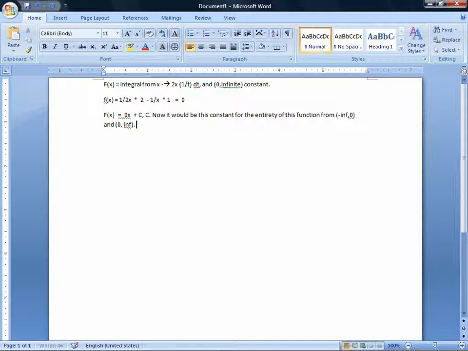And so that means that from 0 to infinity, f of x is equal to c, or a constant, and that's why it's proved that this is constant on the interval from 0 to infinity.